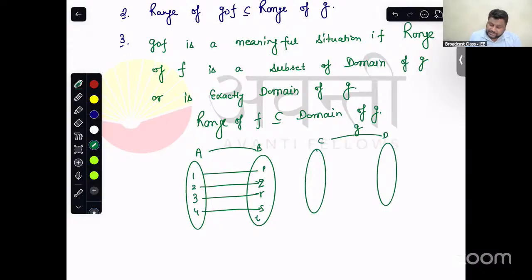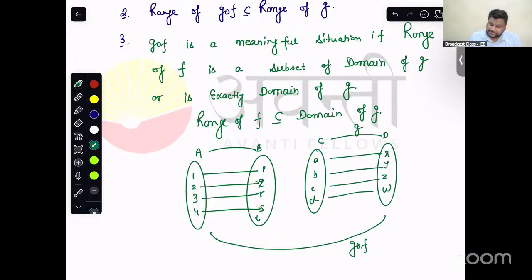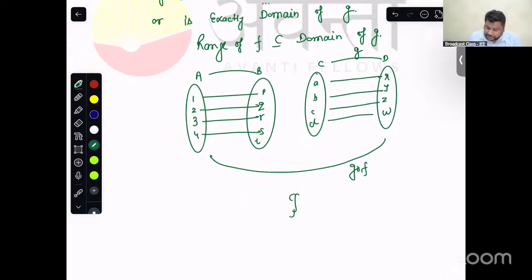Now, g is defined from A, B, C, D to X, Y, Z, W. Now, if you try to calculate gof of 1, that is g of f of 1. f1 is p, and gp is what? gp is not defined. So gof is not defined. Tell me, is it fine?